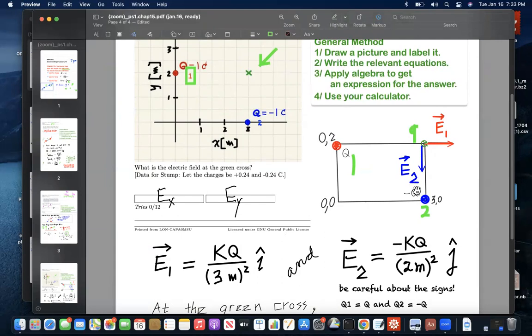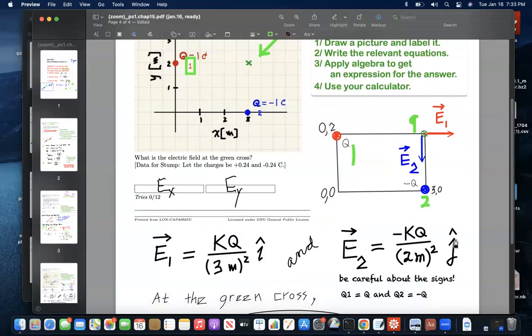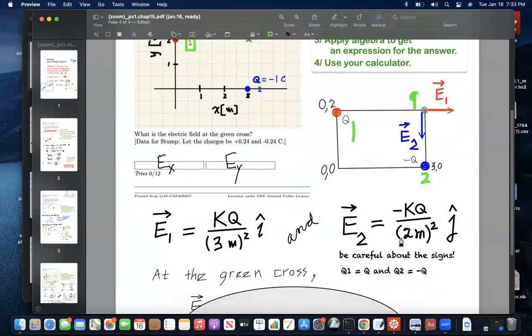KQ, Q is in both cases 1 coulomb, divided by this distance squared. What's this distance squared? Well, it's from y equals 0 to y equals 2, so it's 2 meters squared. And it'll be in the j hat direction, or actually really the minus j hat direction.